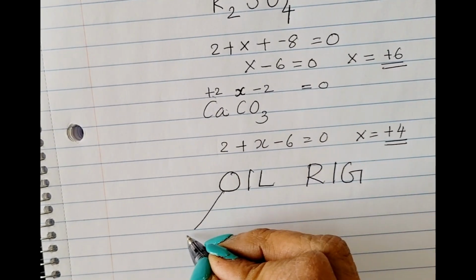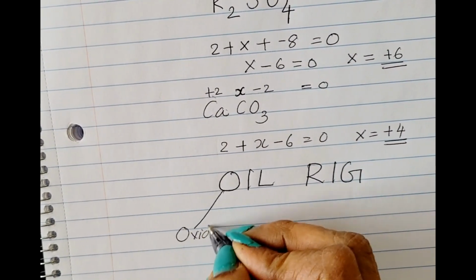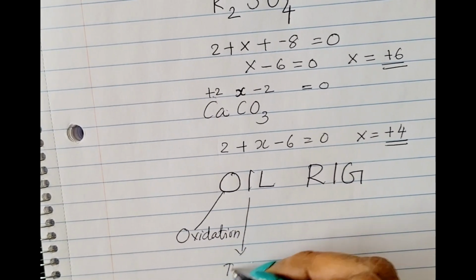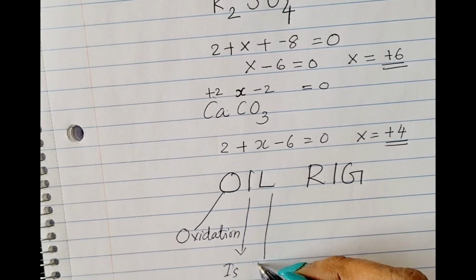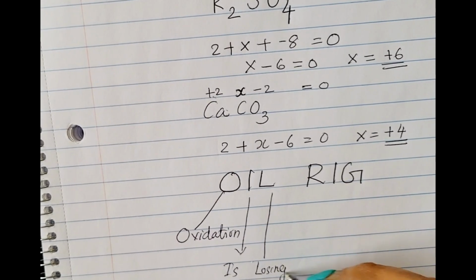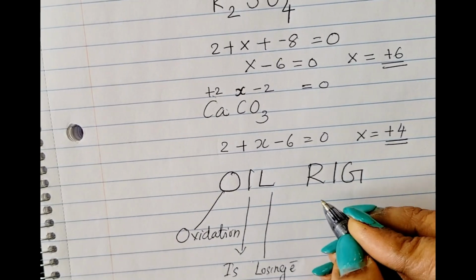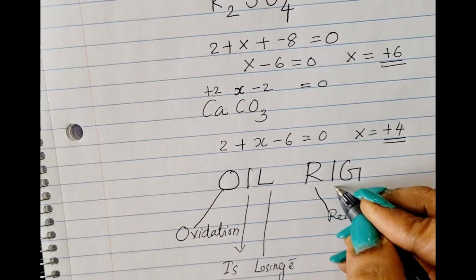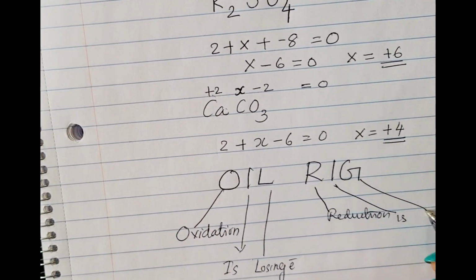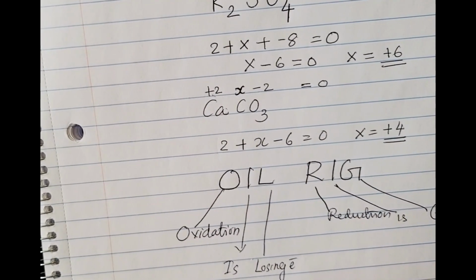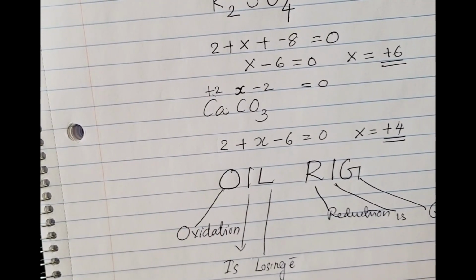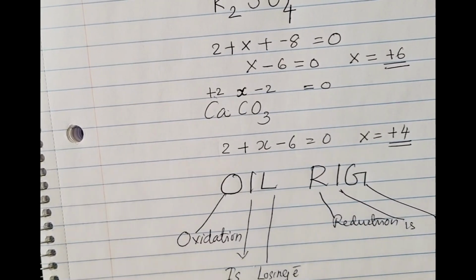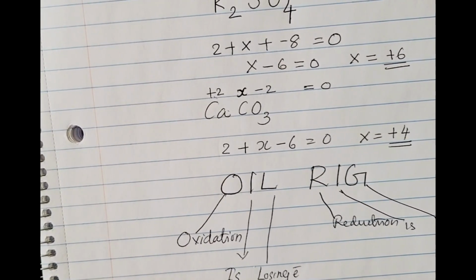Oxidation is losing electrons, and reduction is gaining electrons. Oxidation is losing and reduction is gaining. Okay? OIL RIG.